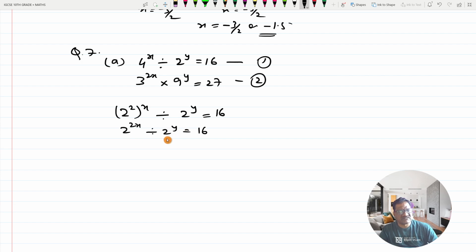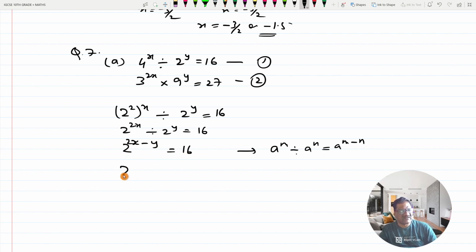Now this will give me 2 raised to 2x minus y equal to 16. Here we have used the rule a raised to m divided by a raised to n is equal to a raised to m minus n. That rule I have used.